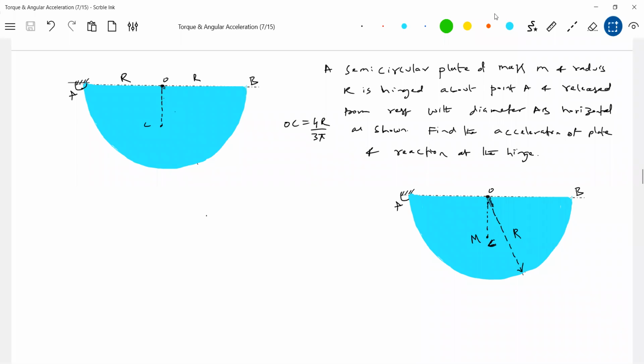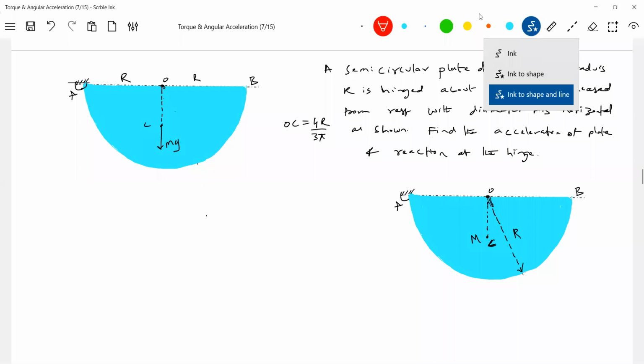Okay, now I'll proceed. So the weight mg will act here. Let me write R, that is R. So let this be theta.